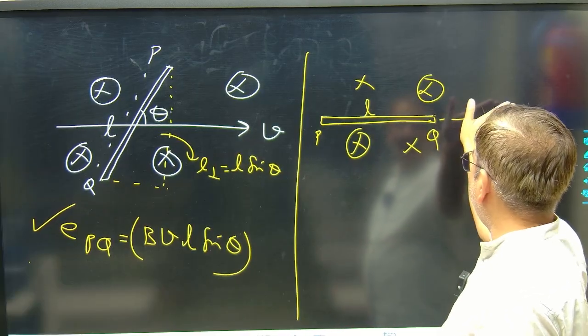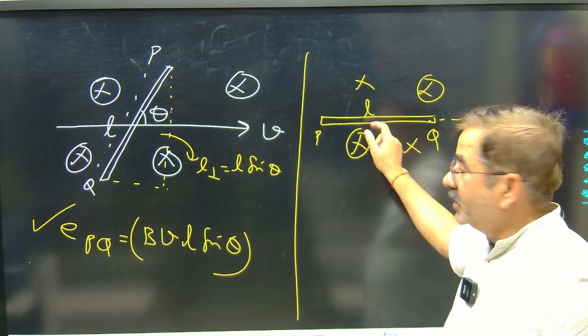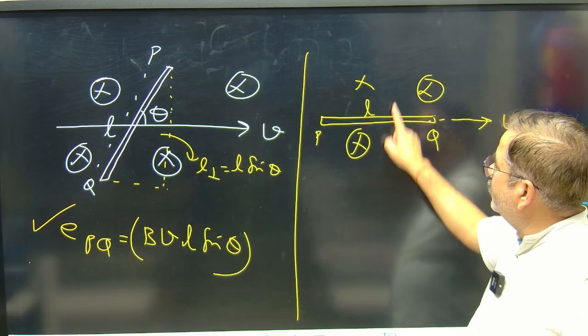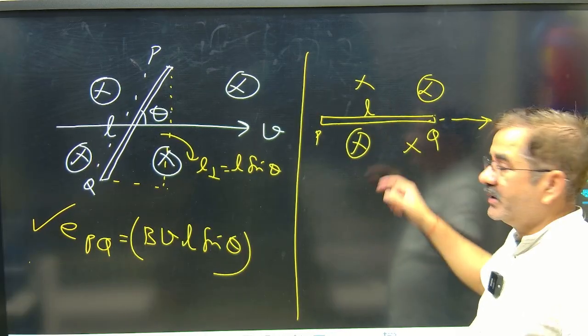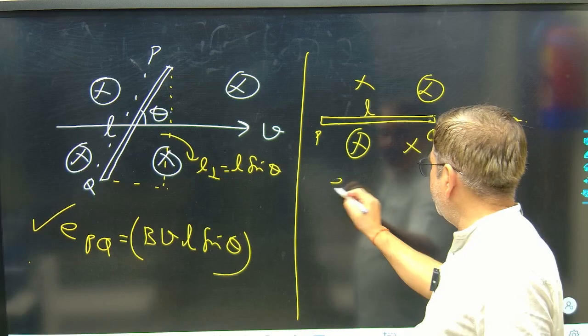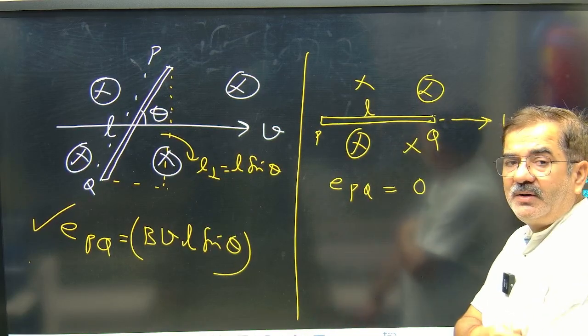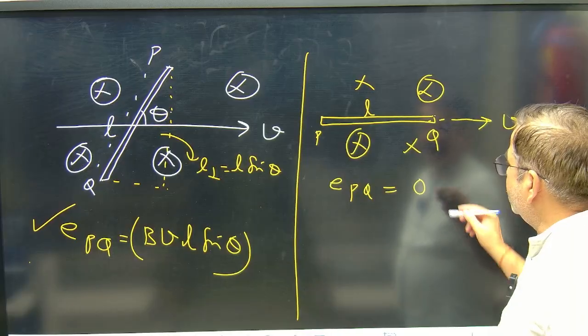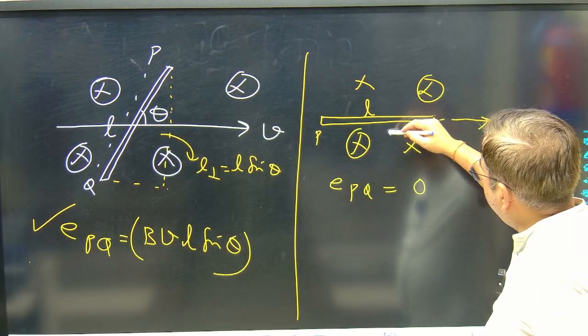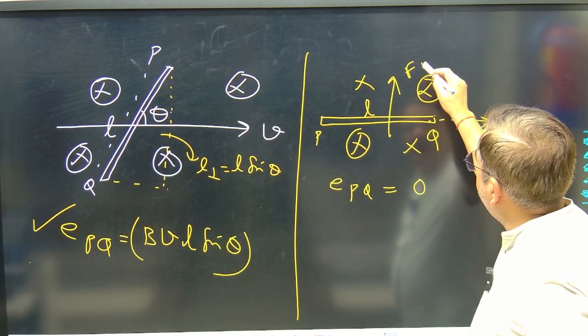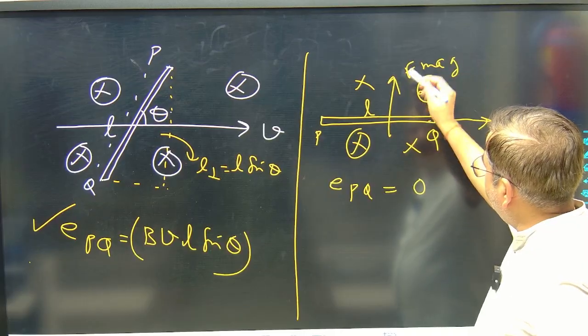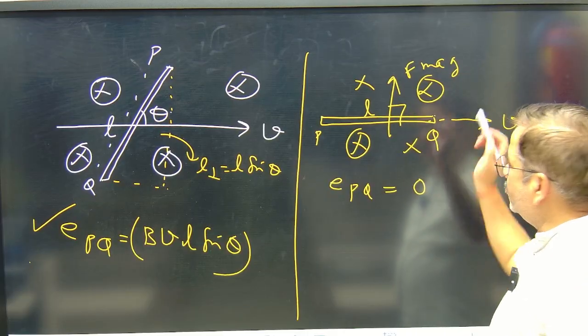So there is nothing like V cross B, there is no space available for the charge to move perpendicular to the length. Hence EMF across PQ will be 0. There is no EMF developed across the length PQ. Correct. If it were possible, some magnetic force on charges would have happened perpendicular to the length, but there is no space available perpendicular to the length, hence there is no EMF.